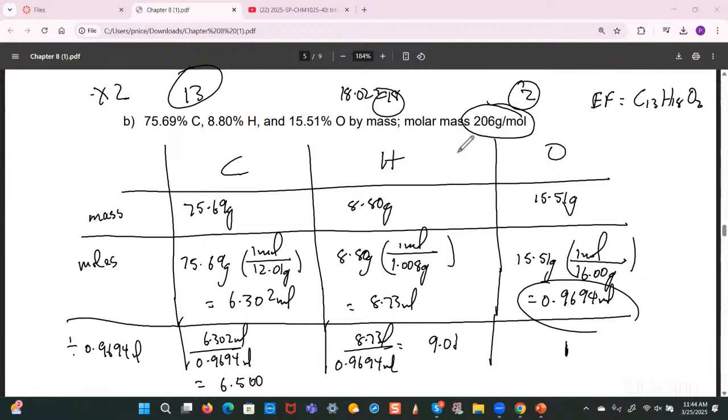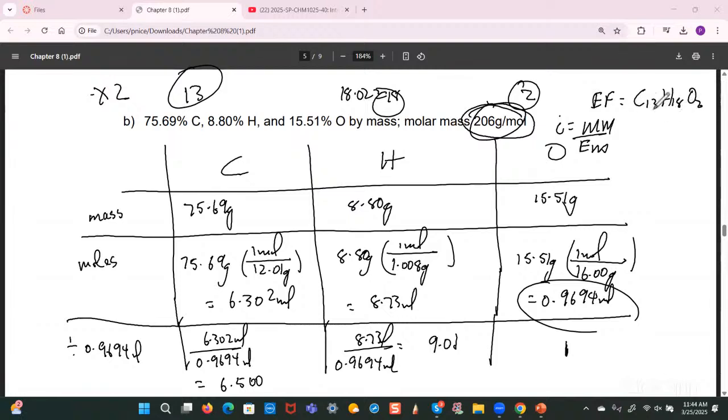What did we do in the last question with the empirical formula? You divided the molecular mass by the empirical mass. Okay, very good. So to get i, the molar mass divided by the empirical mass, right? They gave us the molar mass already. The empirical mass you get by adding up all these.